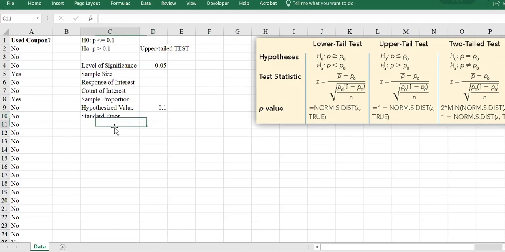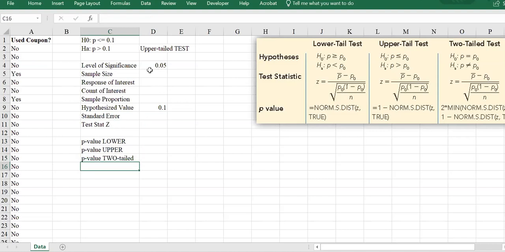And then we can go ahead and find the test statistic Z, for which we can now find the p-value: lower tail, p-value upper tail, and p-value two-tailed. And then make the conclusion.